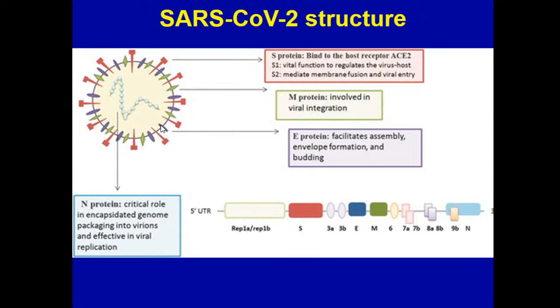So this very small E protein. And N protein is critical in encapsulation of the genome, packaging the nucleic acid into the virion, and effective viral replication. So these are the major viral proteins.